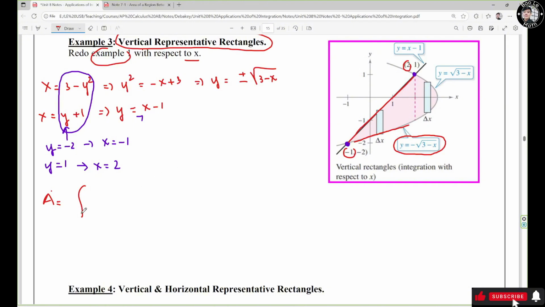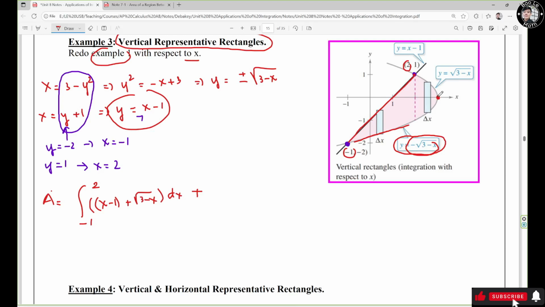So it's going to be the integral from -1 to 2 of the upper one, which is this guy right here, s minus 1, subtract the lower one right here, which is this guy, negative, so it turns out to be plus, right? 3 minus s ds. Now plus the integral from 2 to 3 right here.